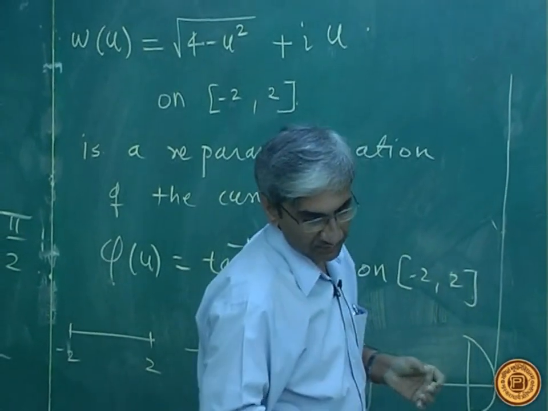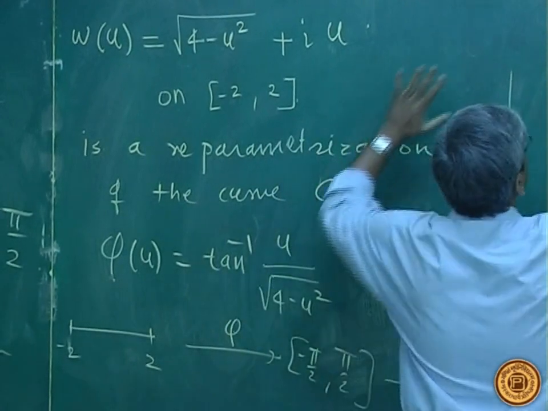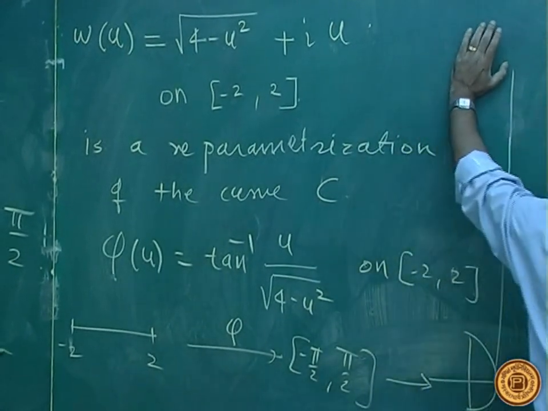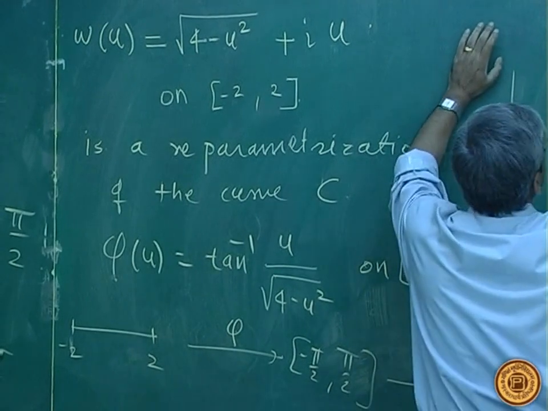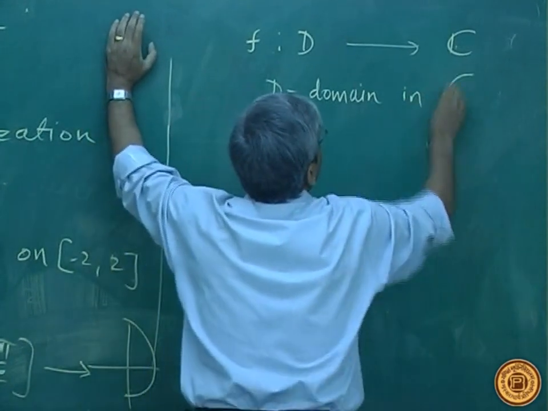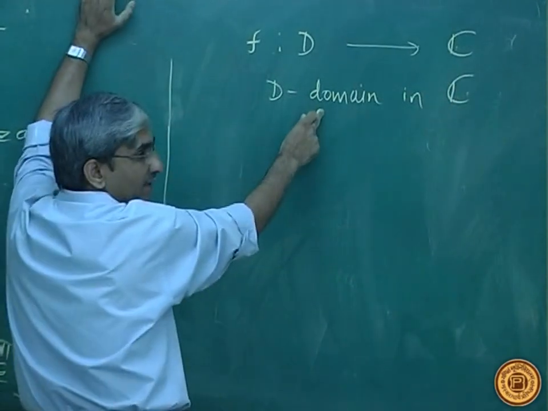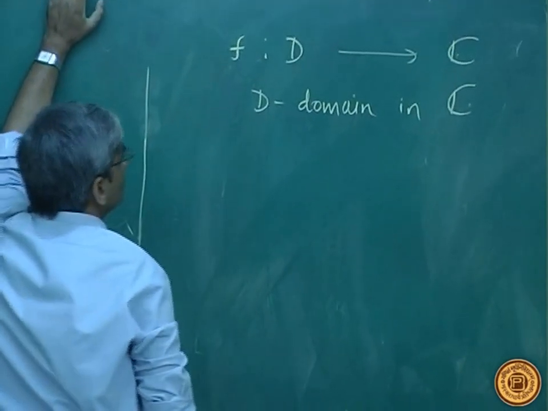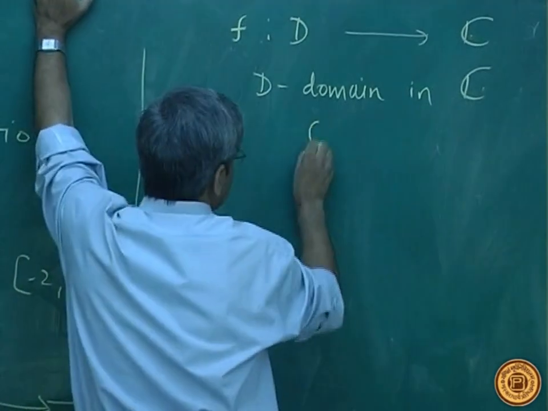What is given? f of z is analytic in the domain D. Now you have a complex valued function of a complex variable, which is from D to C, where D is a domain in C. A domain in C means what? It is open and connected. So then you have this function f which is analytic.